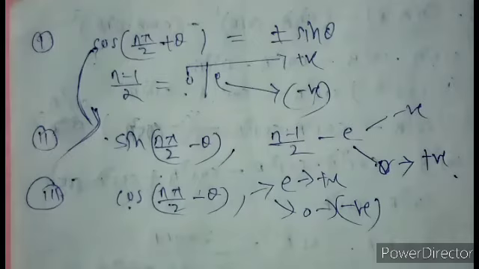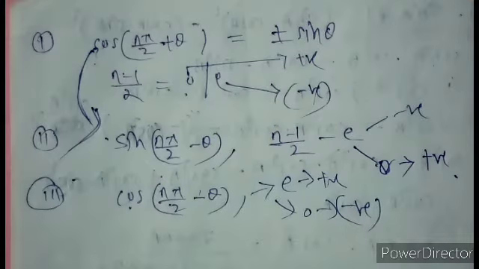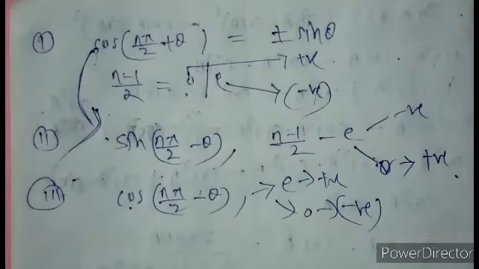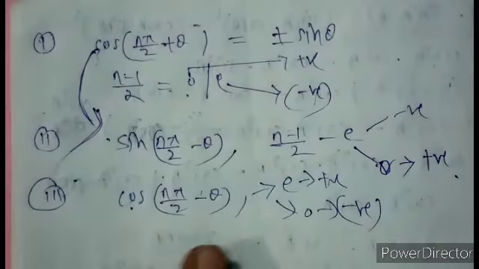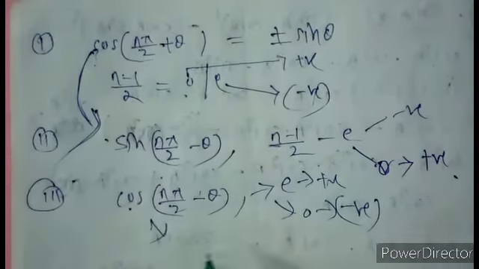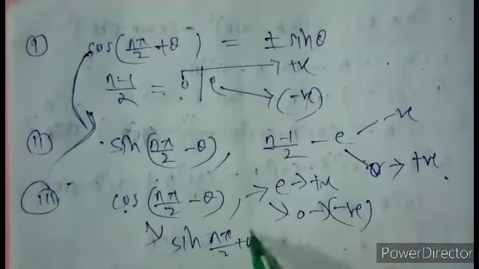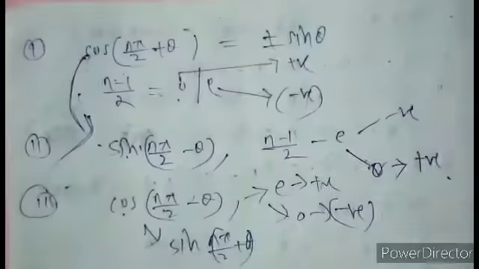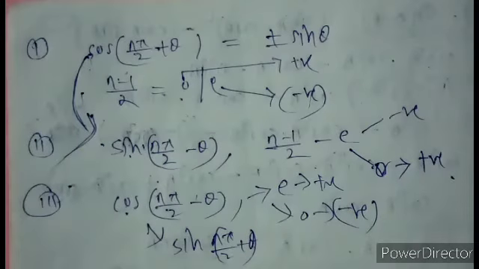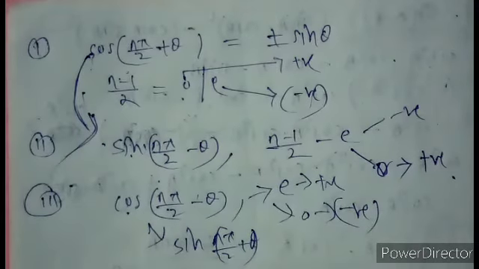And if we take cos(nπ/2 − θ), the formula is the opposite of the formula of sin(nπ/2 + θ). These are the relations.